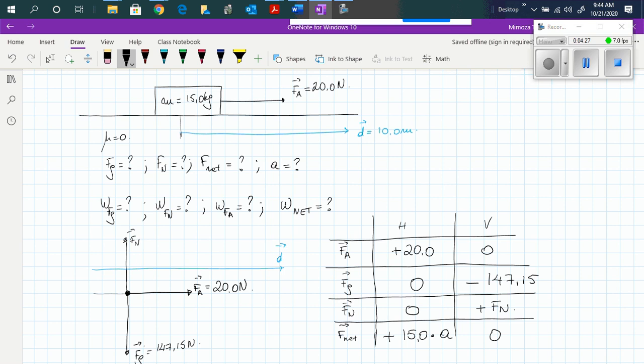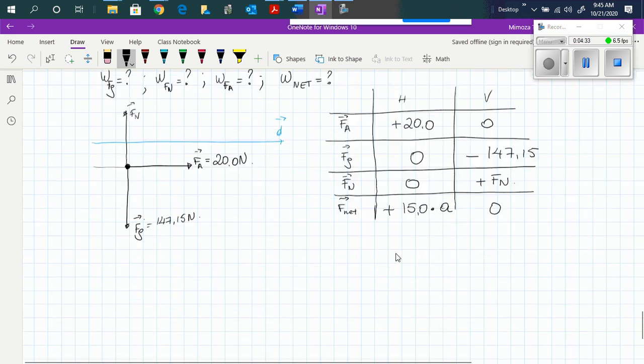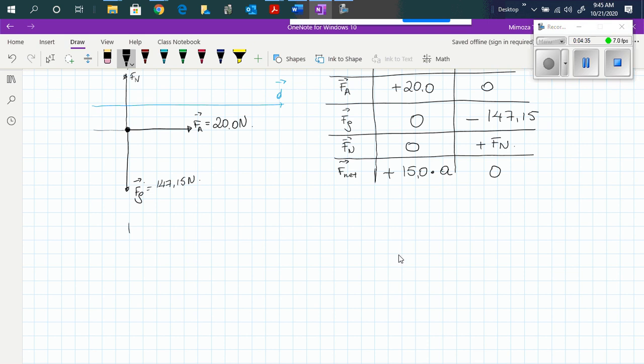It's the same thing as we did when we were solving problems on dynamics. Okay. From the horizontal, what we have is positive 20 is equal to positive 15 times acceleration. From the vertical, what we have is negative 147.15 plus force normal equals 0.